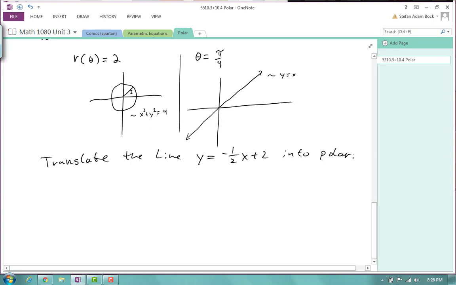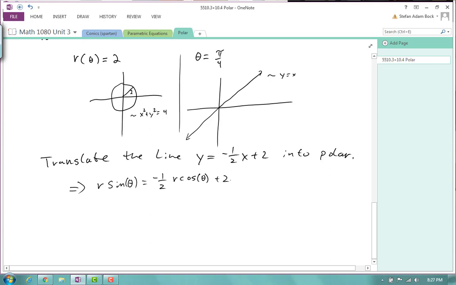What I would do is use exactly those equations I wrote up above, where my x was equal to r cosine theta and my y was equal to r sine theta. So this means I get r sine theta is equal to negative 1/2 times r cosine theta plus 2.